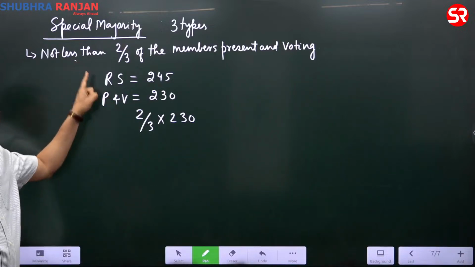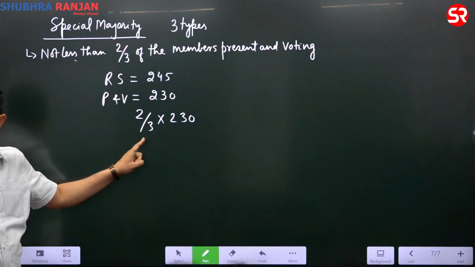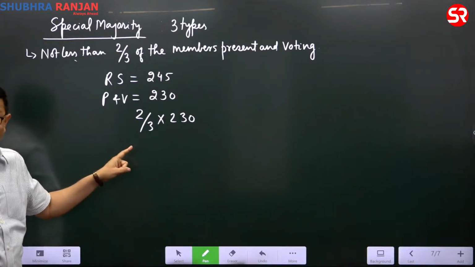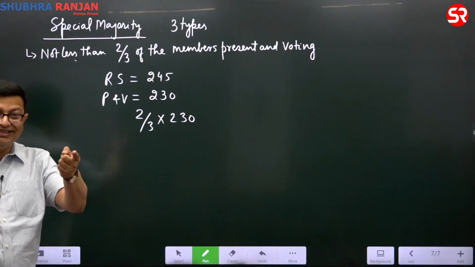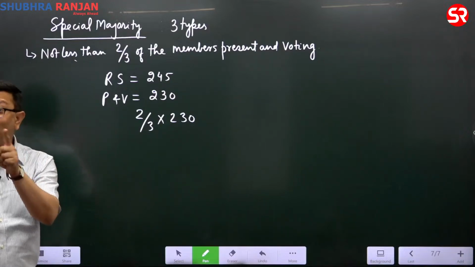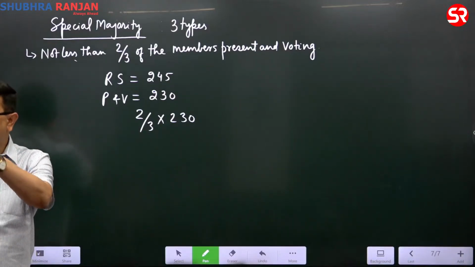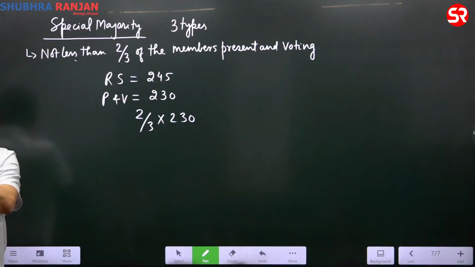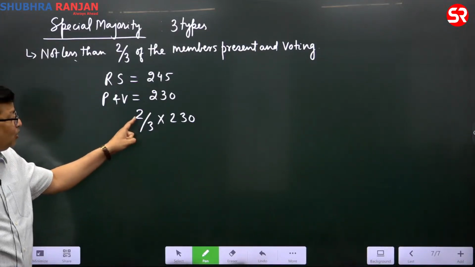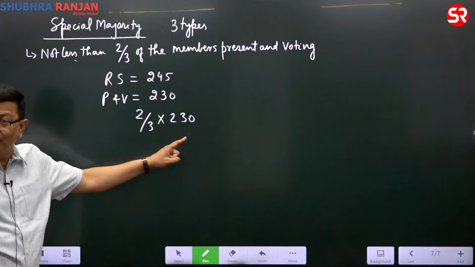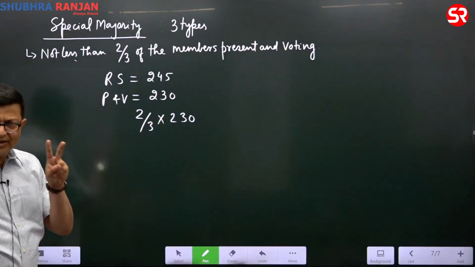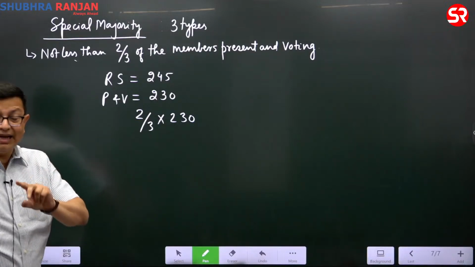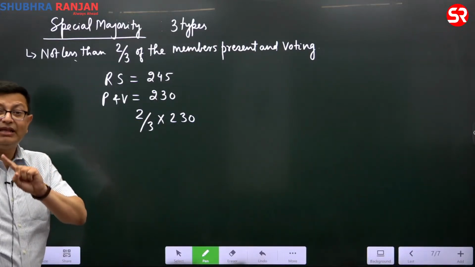Not less than means even 2/3 will also do. In simple majority, it was more than 50%, that is why we had written +1. Here, not less than 2/3, so 2/3 of 230 will also do. This majority is required specifically at two places. That I will tell you when I will be discussing the parliament with you.